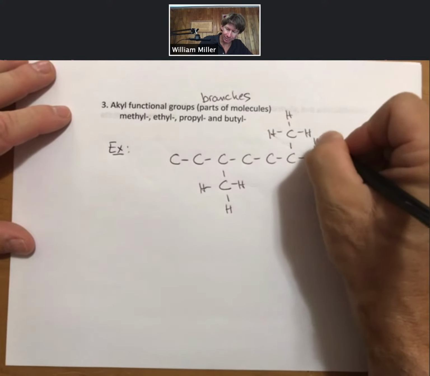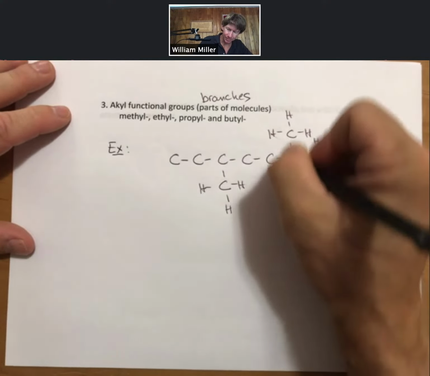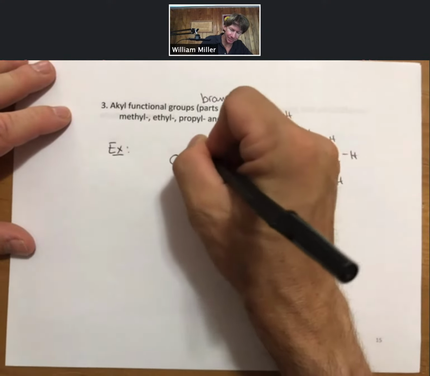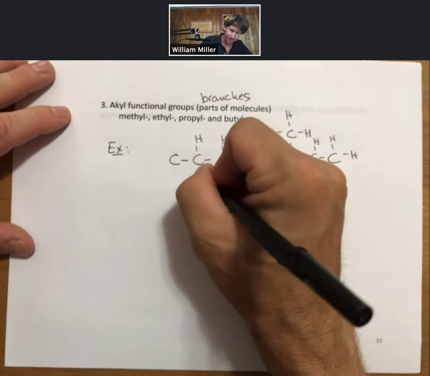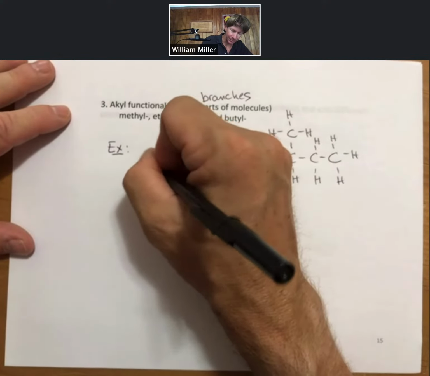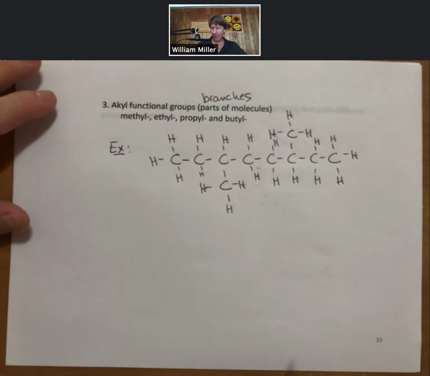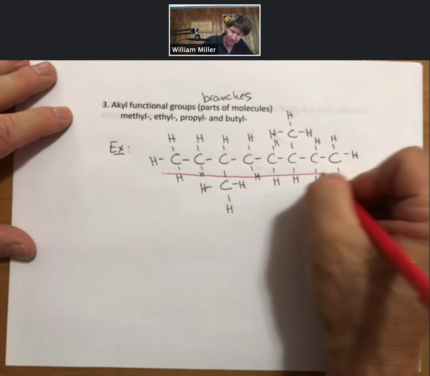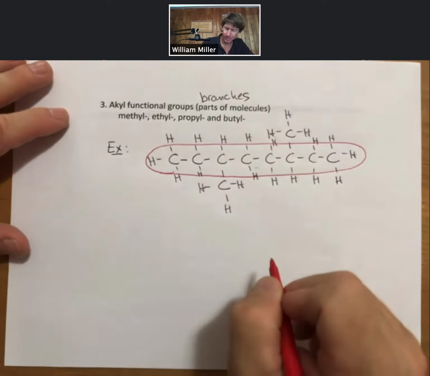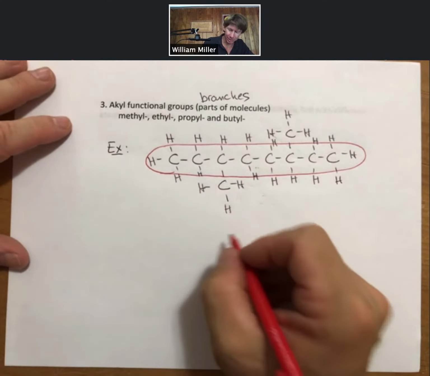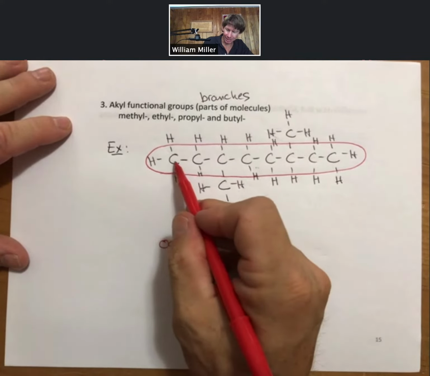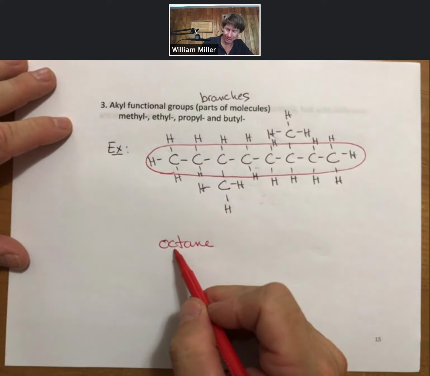And then we'll fill in all of our hydrogens until each carbon has 4 bonds. And what I've added here, so here is our longest part of our molecule. This would be what's called an octane, because it has 8 carbons in a row, that's octa.